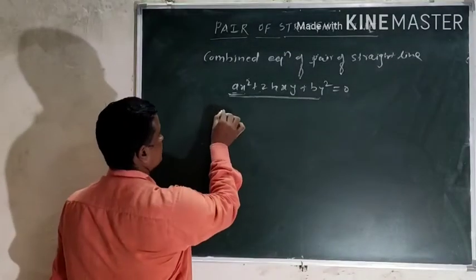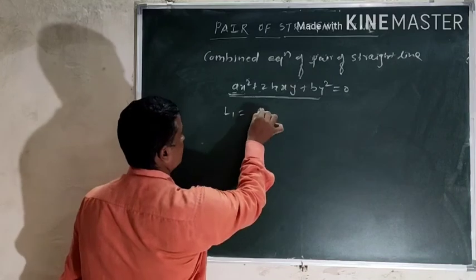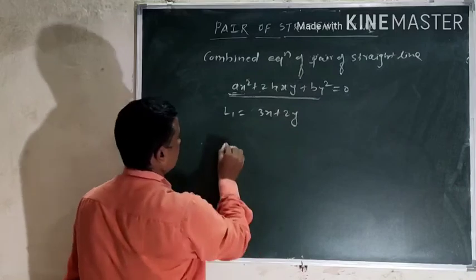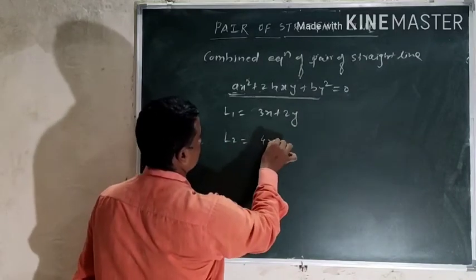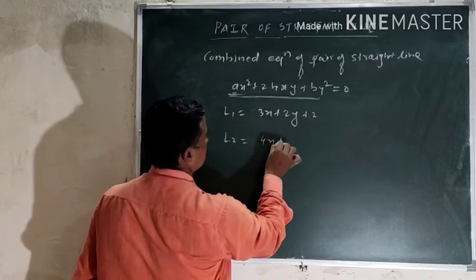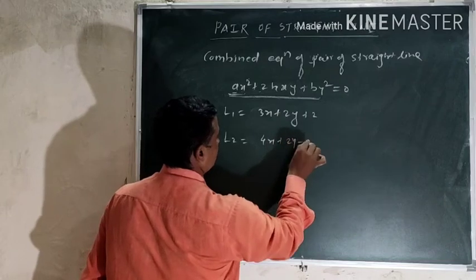If we consider two lines, L1 has the value 3x plus 2y plus 2, and L2 has the value 4x plus 2y minus 1.